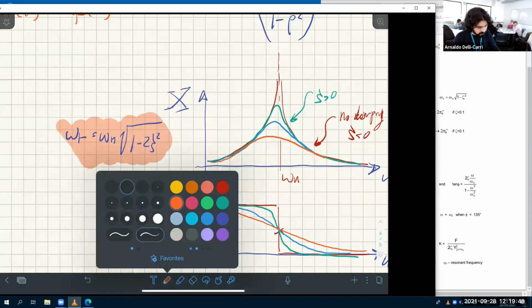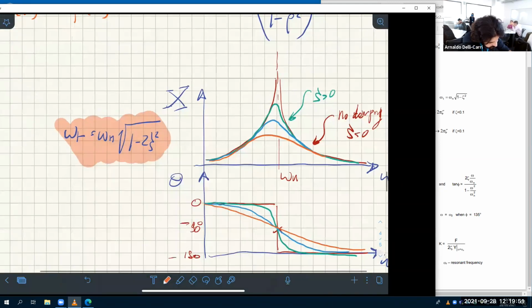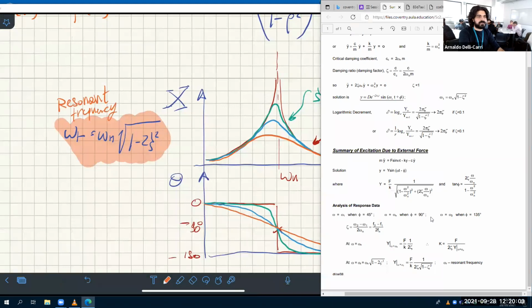This is the resonant frequency. And it's here. See? It's here. It's here because omega is omega n when phi is 90. And then you have that at omega equals omega r, which is equal to this, which I just wrote here. You have the largest amplitude, which you can also write like this.